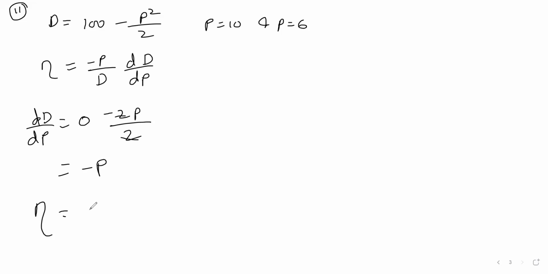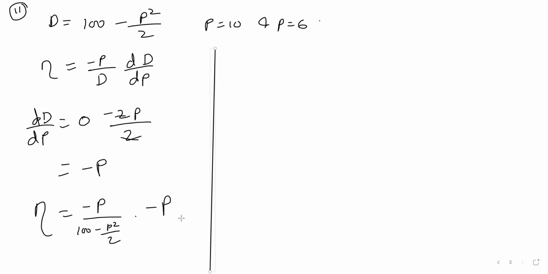So now elasticity will be minus p by D. D is 100 minus P square by 2, into minus P. So elasticity will be P square upon 200 minus P square whole thing upon 2 into 2, because this will equalize the denominator here. 200 minus P square upon 2.